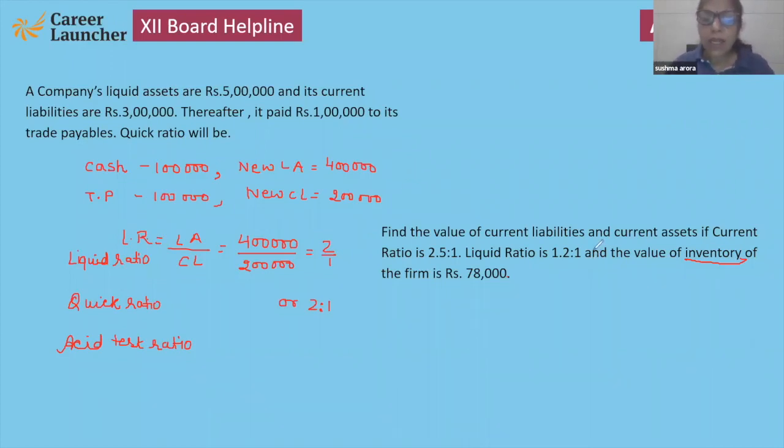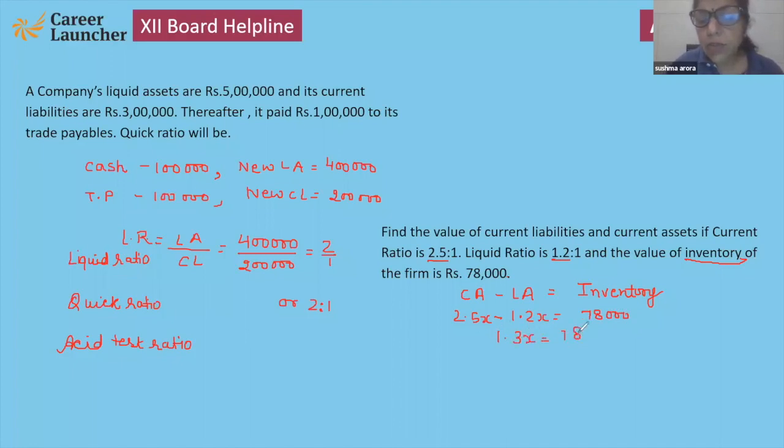I told you just now, when we deduct liquid asset from current asset, we come to know that this is inventory. So here current asset is 2.5x, liquid asset is 1.2x, and inventory is 78,000.